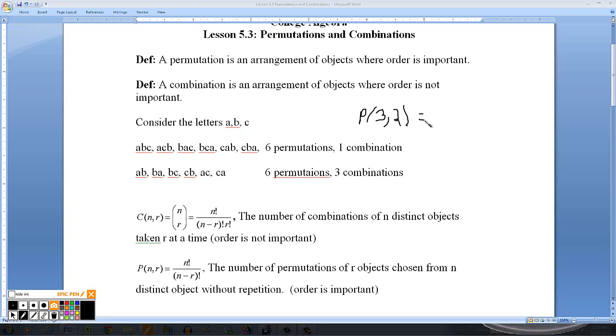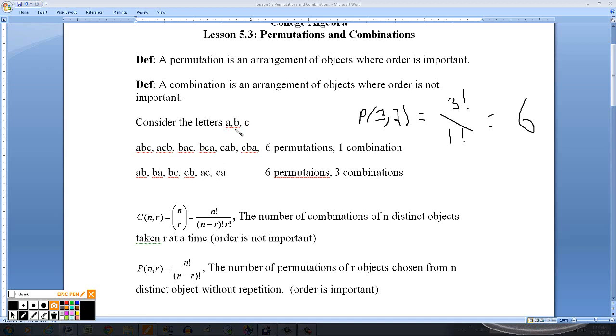So again, using the formula for permutations, this would be 3 factorial over 3 minus 2. It's 1, so that'd be 1 factorial. So 3 factorial again is 6, and 1 factorial is just 1. So this will give me 6, which is what we counted over here for the 2 taken from the 3.